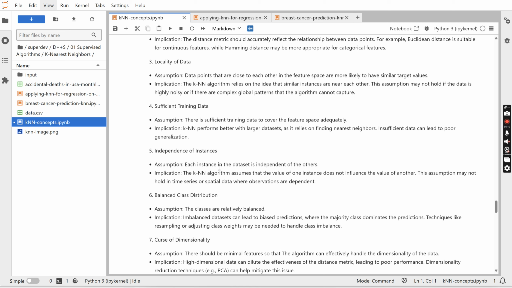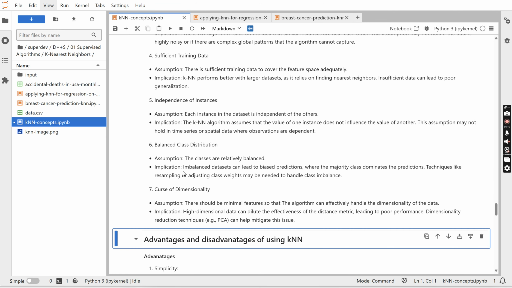And independence of instances, this is the same as in linear regression. Correlation between two features should not exist, so features should be independent. That is another assumption. And balanced data, this is very important.